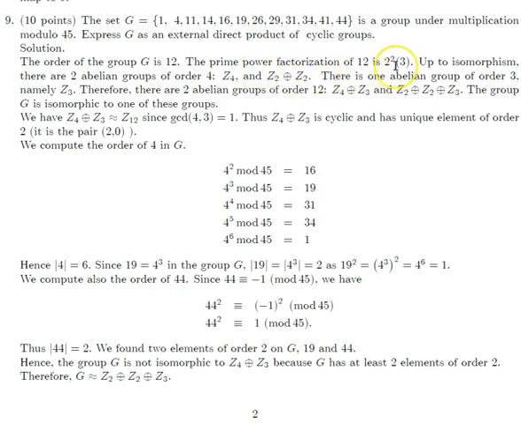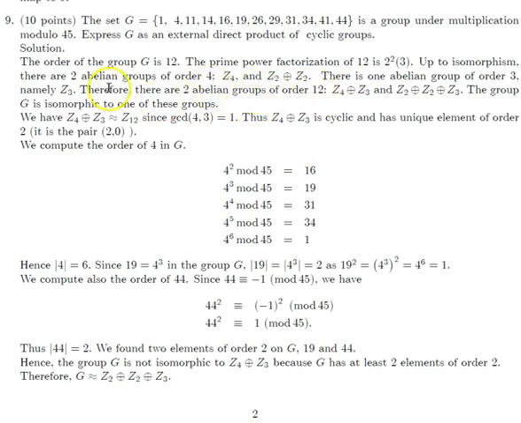The prime power factorization of 12 is 2 squared times 3. And for 2 squared, we write all possible representations of 2 as a sum of positive integers. We have only 2 such representations, 2 equals 2, and 2 equals 1 plus 1.